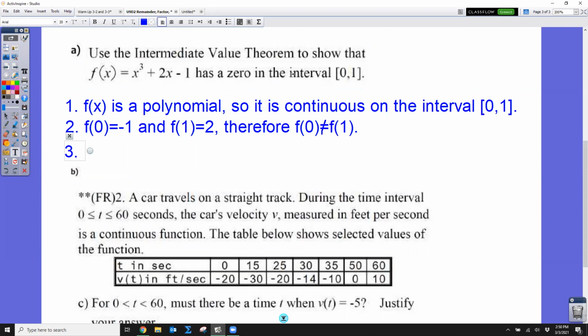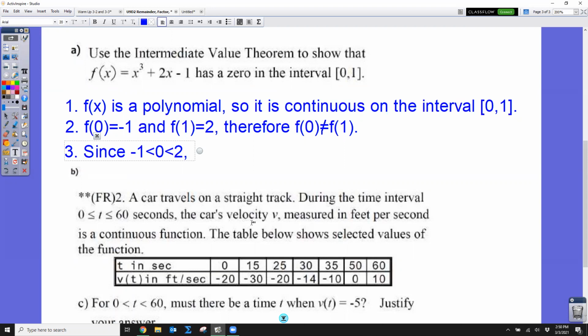So we're basically saying, is 0 located between -1 and 2? Well, yes, of course it is. So since -1 is less than 0, which is certainly less than 2, 0 is definitely between -1 and 2.